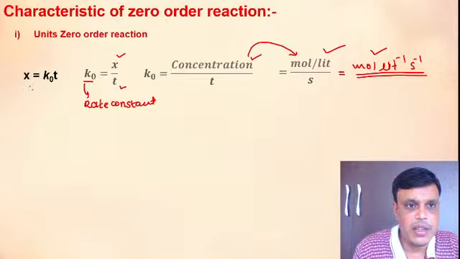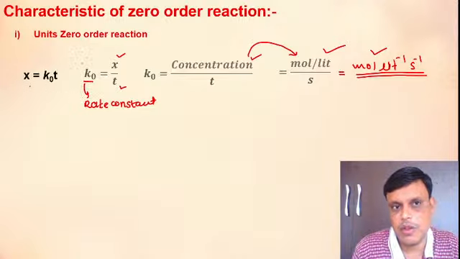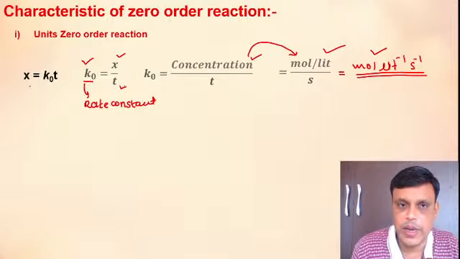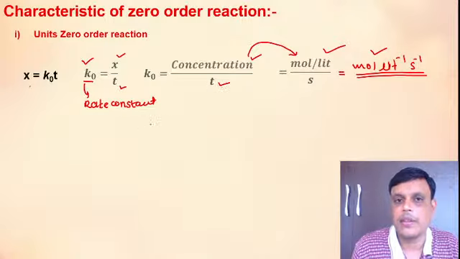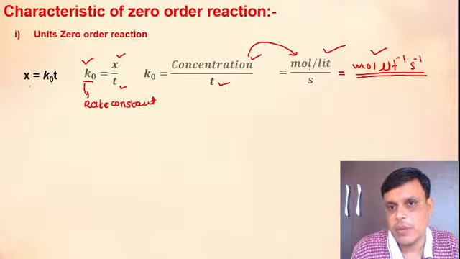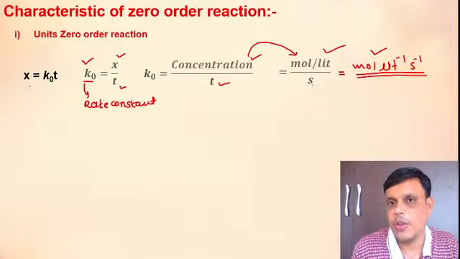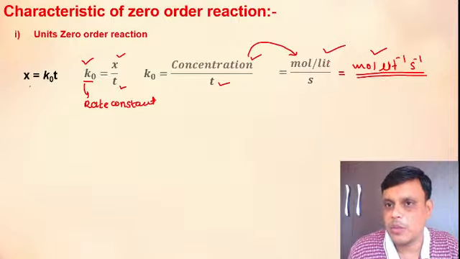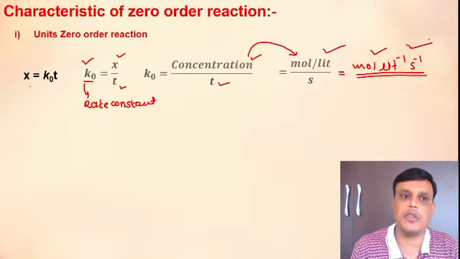We have arranged this equation in terms of the rate constant, k0 is equal to x by t. What is x? It is the concentration of product formed. What is t? t is time. Concentrations are generally expressed in moles per liter and time in SI unit in seconds. So the unit for that reaction is moles per liter divided by second, which we can write as moles per liter per second.